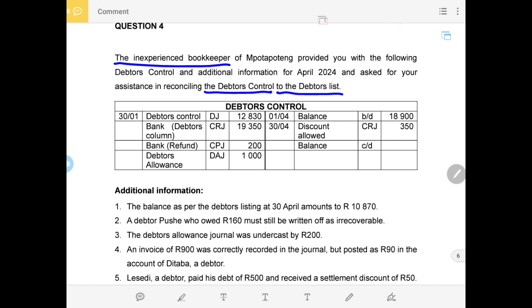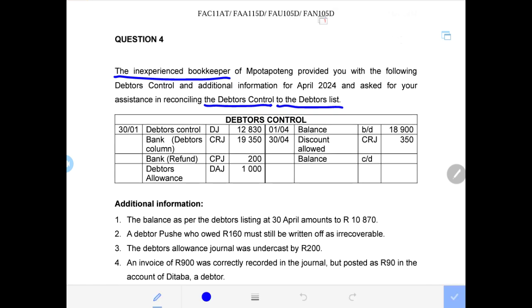Now, we know that debtors is an asset, and assets increase on the debit side. Whenever we sell, they increase on the debit side.